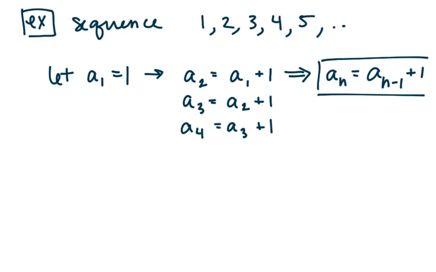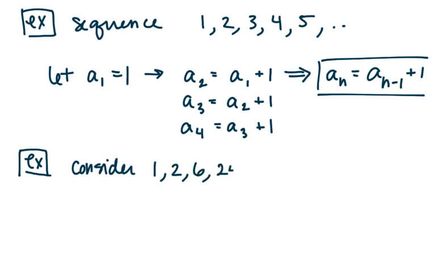All right, another example. Let us consider 1, 2, 6, 24, all the way to some n factorial terms. So these are being determined as factorials. And for example, 3 factorial would mean 3 times 2 times 1, which is 6. And you'll see that 6 is my third term here.